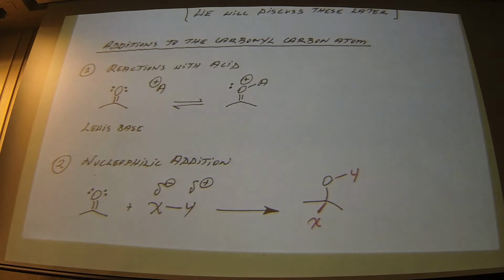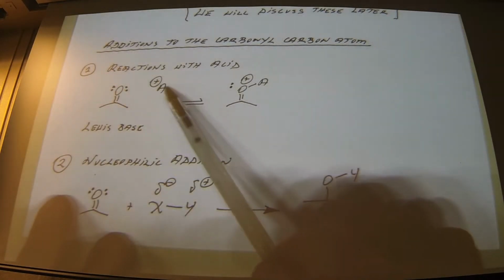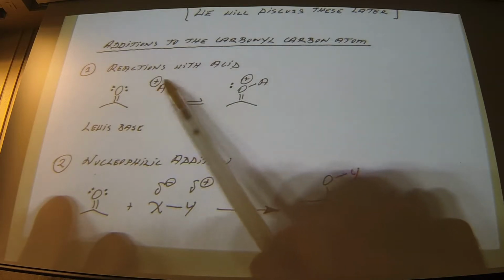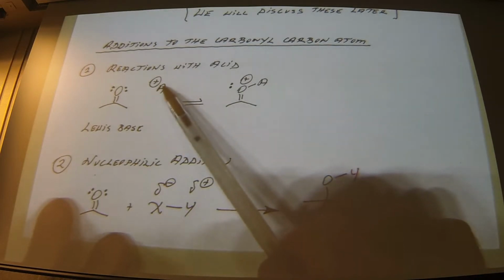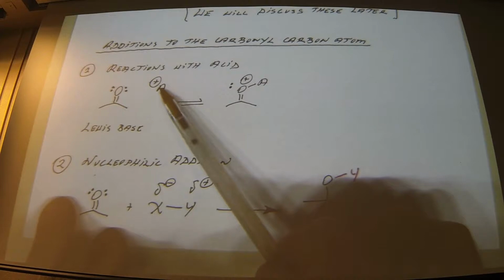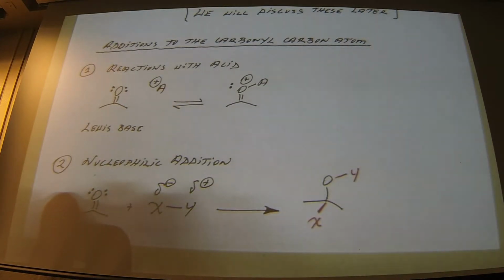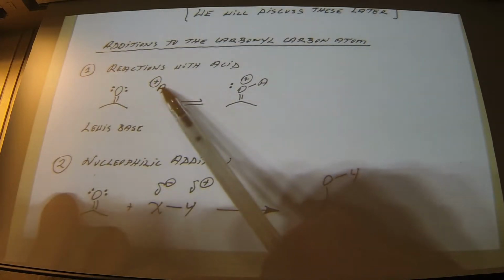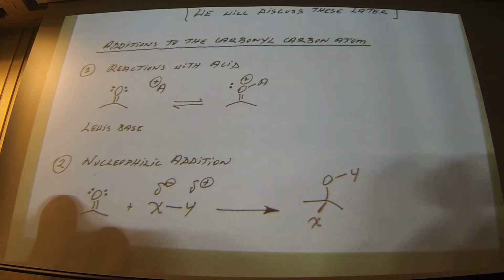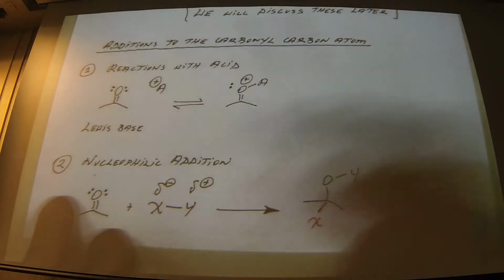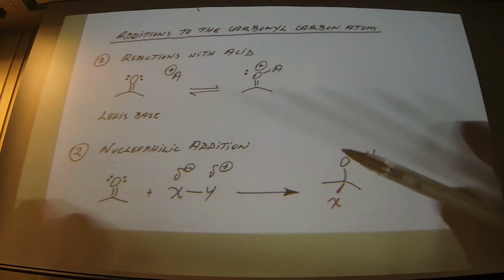We have electron pairs on the oxygen atom, and if I allow this to react with any kind of acid, it can be a Lewis acid, a metal cation, an uncharged Lewis acid like BF3, or a proton, then I'm going to get an acid-base reaction. Nothing new here. It's just electron pairs doing what they always do.